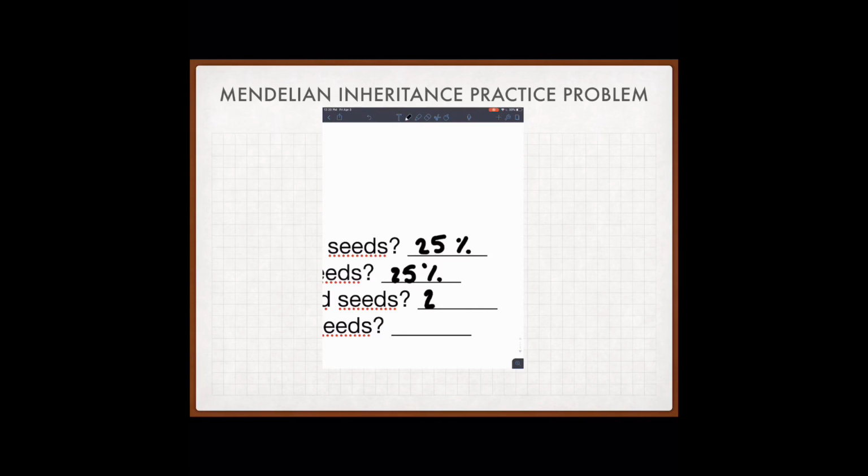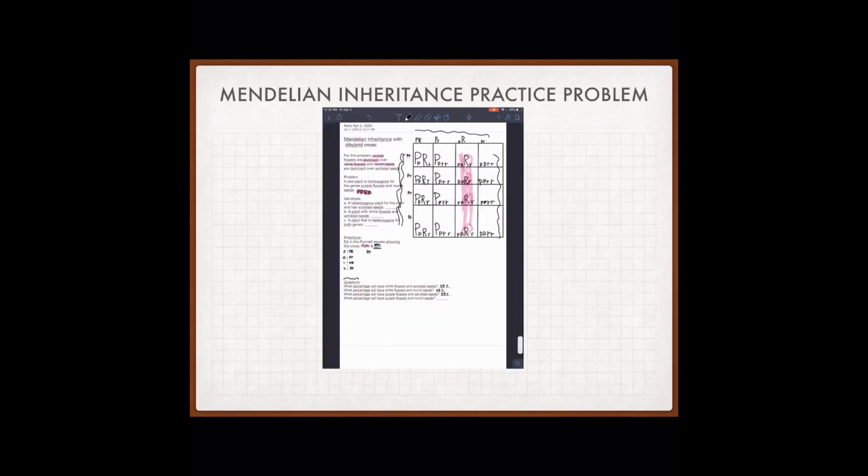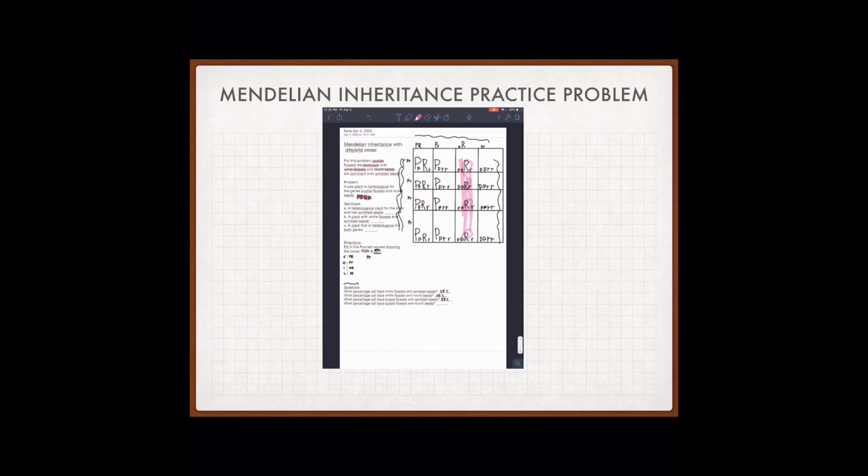So that will be another 25%. And we know it's 25 because obviously this whole thing has to equal 100. And because the whole section itself follows that specific genotype, then it has to be 25%.